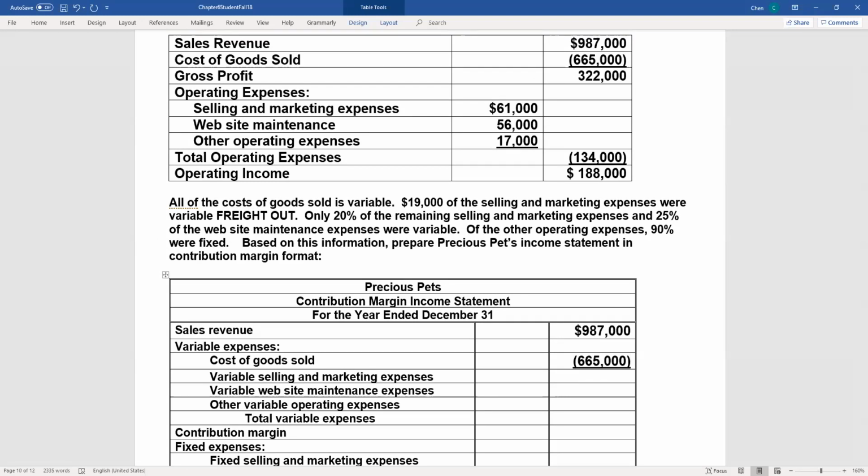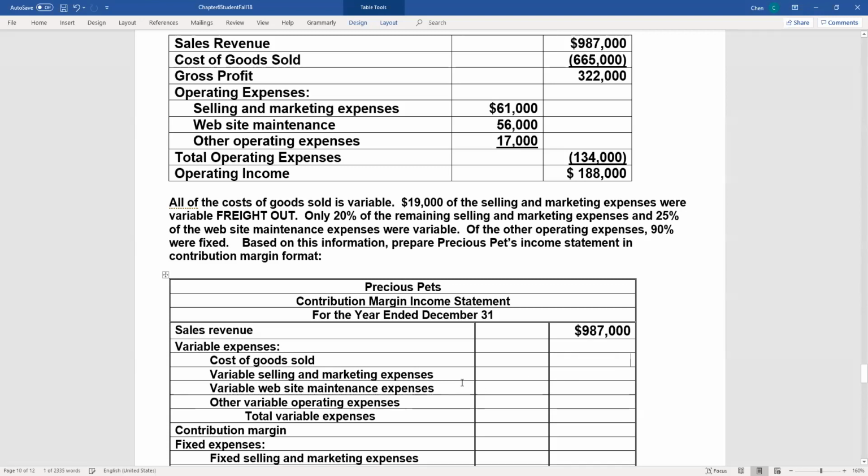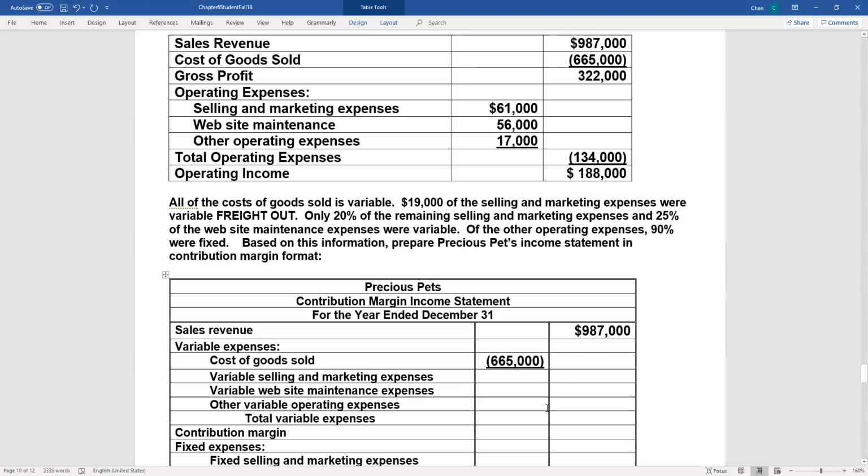Sorry, let me just look here. If we look at the information, it says 19,000 of the selling and marketing expenses were variable. Only 20% of the remaining were variable.